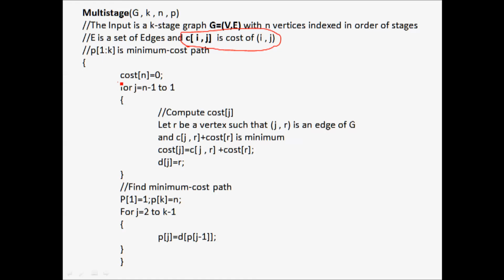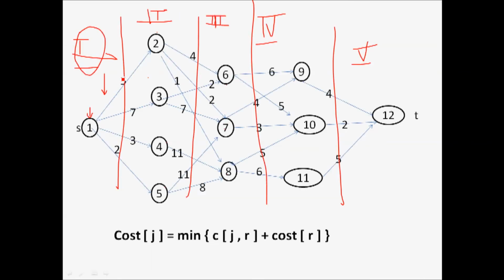First of all, cost of n is equal to 0. We are going to begin this algorithm from the last stage and then return to the first stage by calculating the minimum cost path in each stage. Cost of n is equal to 0, which in our case is cost of 12, because we have 12 vertices.